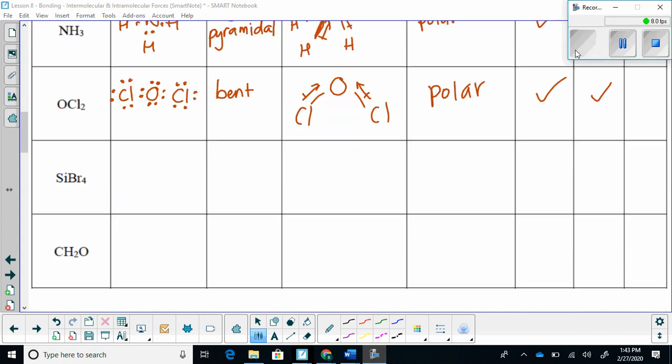Okay, last one together, and then we will stop the lesson there, and then you'll do the last one on your own. Silicon tetrafluoride looks like this. Drawing dots again, guys.